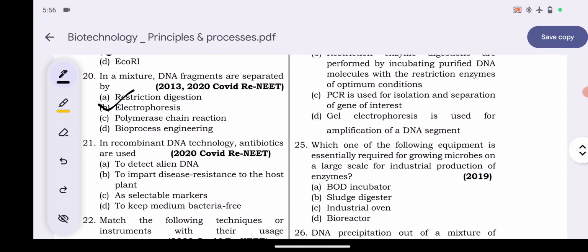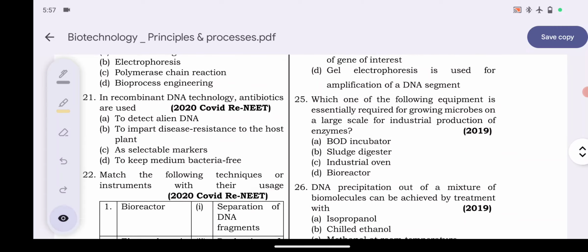It is a technique that can separate DNA fragments in a mixture based on their sizes. DNA samples are put into a well at one end of the gel, and an electric current is used to pull the samples through the gel. Negatively charged DNA pieces move towards the positive electrode. So option B is the correct answer.